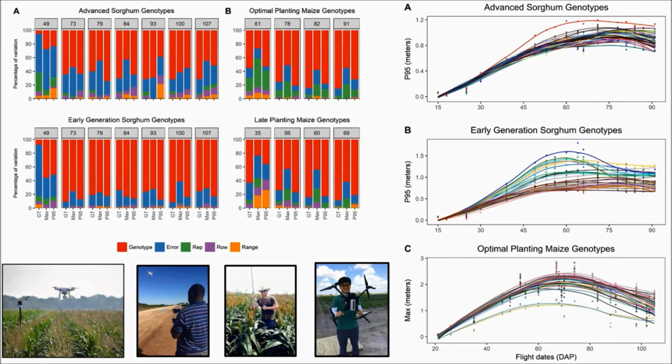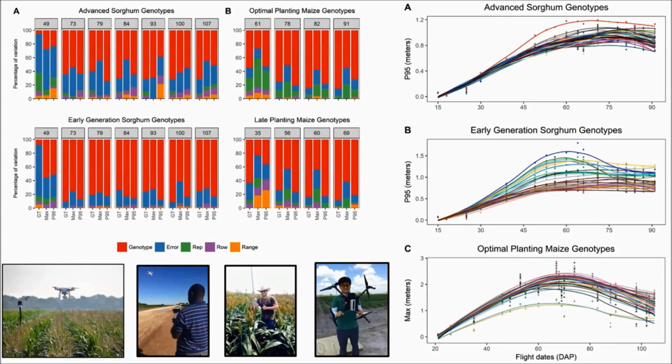So you can see here that the variation explained between two different sorghum tests and two different maize plantings is pretty high via the UAV. Actually very similar to ground truth methods and even superior in some cases, especially early in the growth season. It's also important to draw attention to the fact that it does kind of depend whether you're measuring sorghum or maize or any other crop, what type of measurements, what portion of the point cloud that you use.